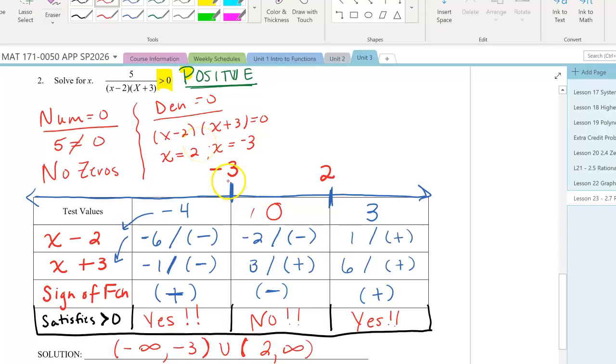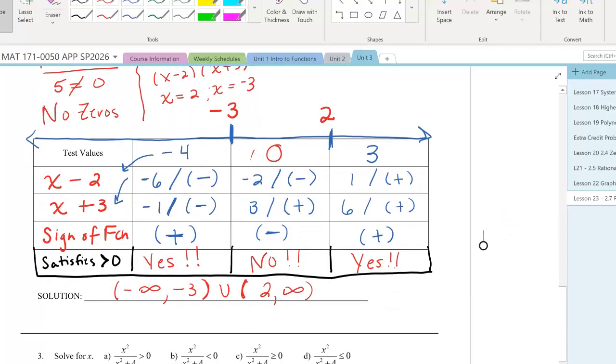And since both of these numbers, negative 3 and 2, came from making the denominator 0, I would still use parentheses here because we couldn't use negative 3 or 2. So don't forget that when you're solving rational inequalities. The solution to this inequality would be the numbers from negative infinity up to negative 3 and the x values from 2 to infinity.